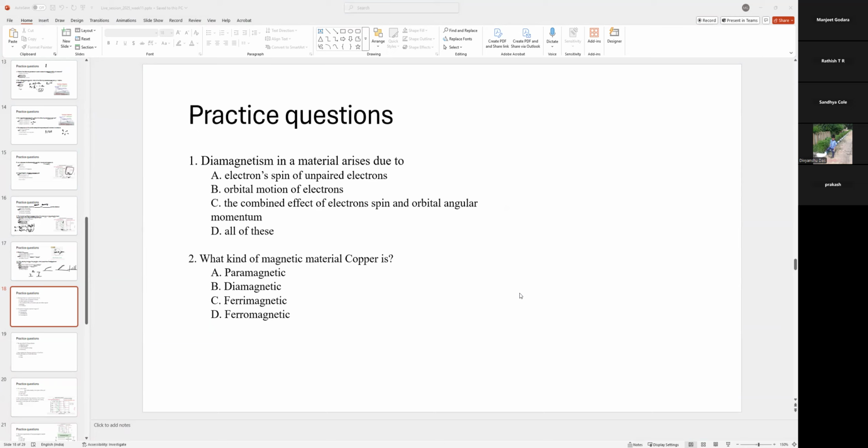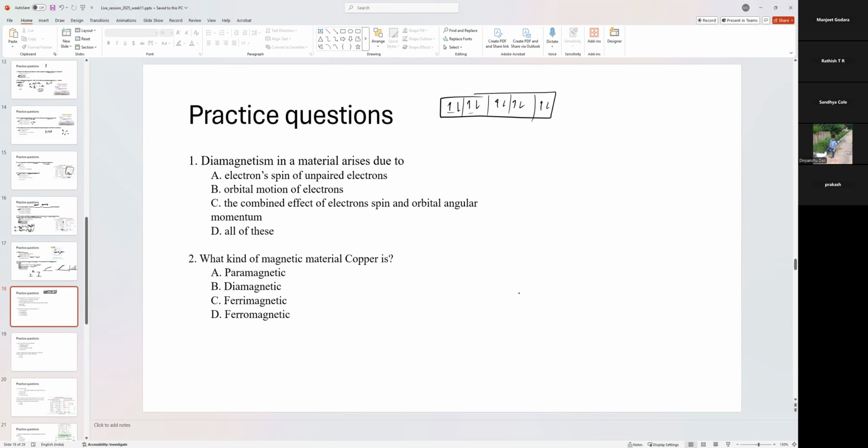More questions. Diamagnetic material, these are now relevant to next week's assignment. So diamagnetism in material arises because, in diamagnetic material, the orbitals are not completely filled, but all the electrons are paired up with each other.